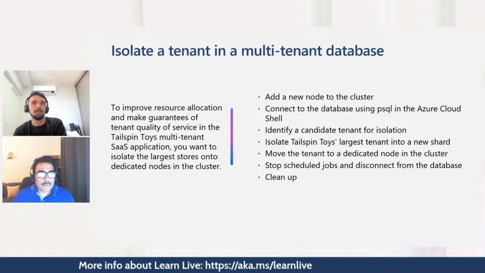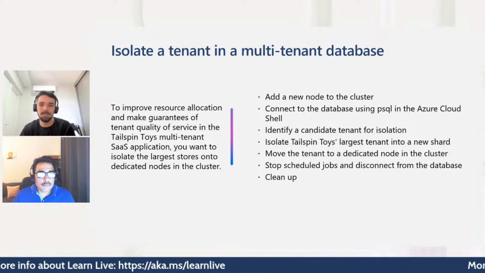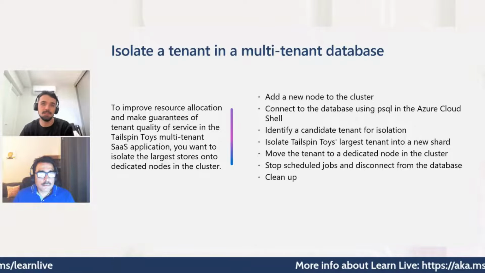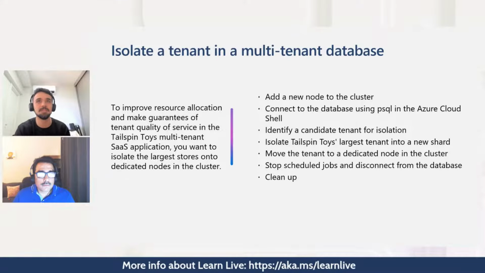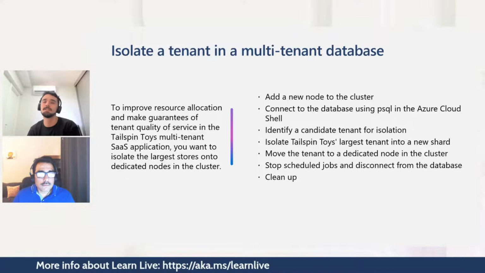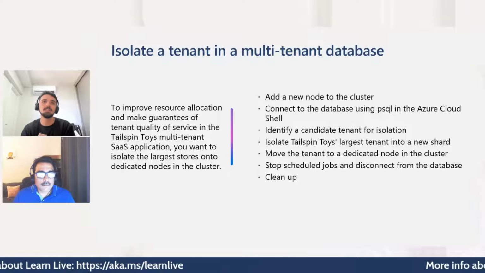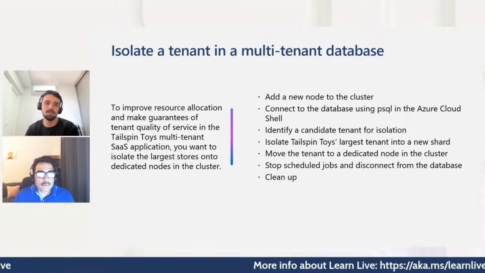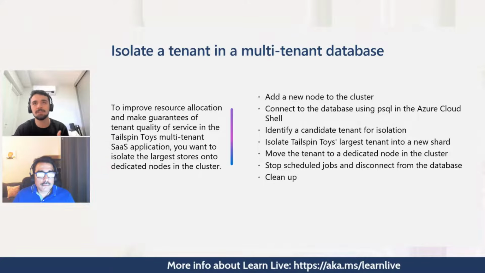If there are customer requirements, let's say that their data shouldn't be stored in the same place as other customers, you could isolate all of their data into a dedicated node. Okay, so this is a possible scenario for Citus. It's not only about performance, it could also be about security guarantees, for example.